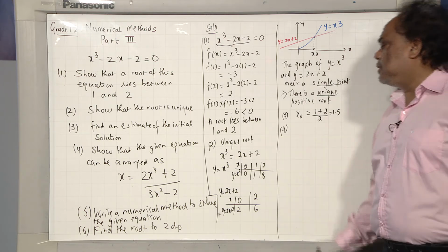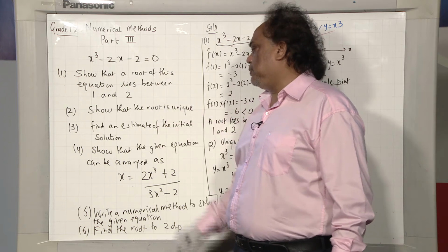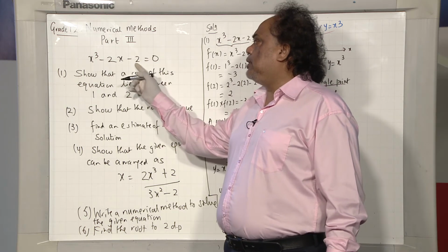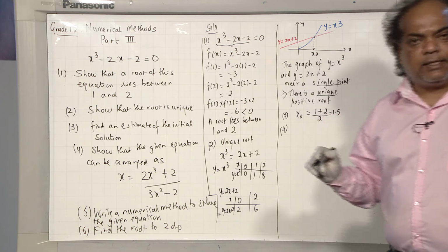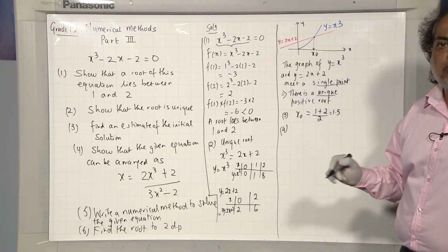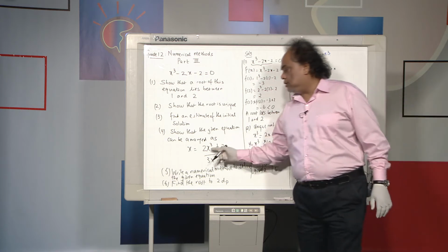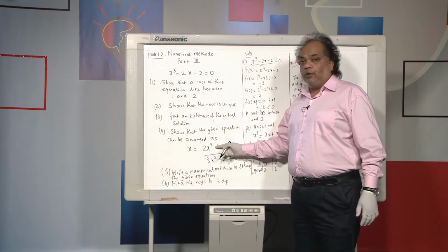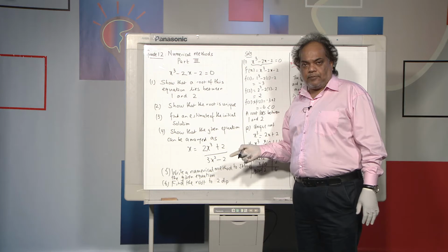Fourth, here, we are told to rearrange this equation. We would like this equation to be rearranged as follows. Now remember, this is a technique that we use to write an iterative method. In fact, by rearranging, you can write several iterative methods.